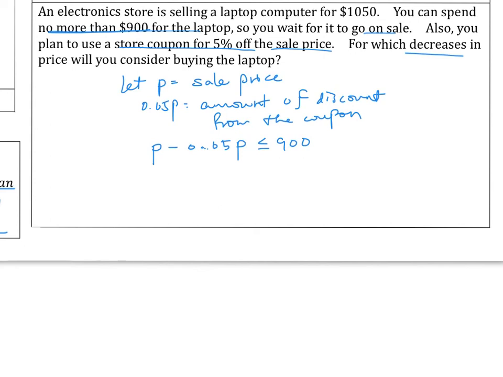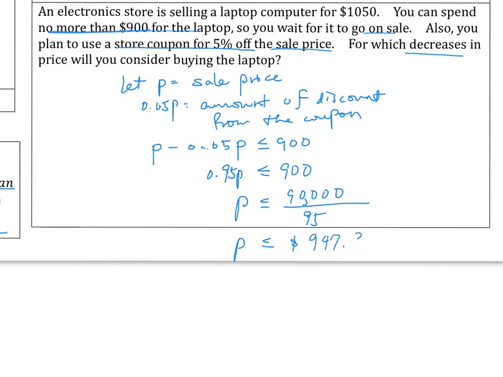Now I can solve, and this would be 0.95p less than or equal to 900, and then p will be less than or equal to 900 over 0.95. And then after solving this, you should get about $947.37.